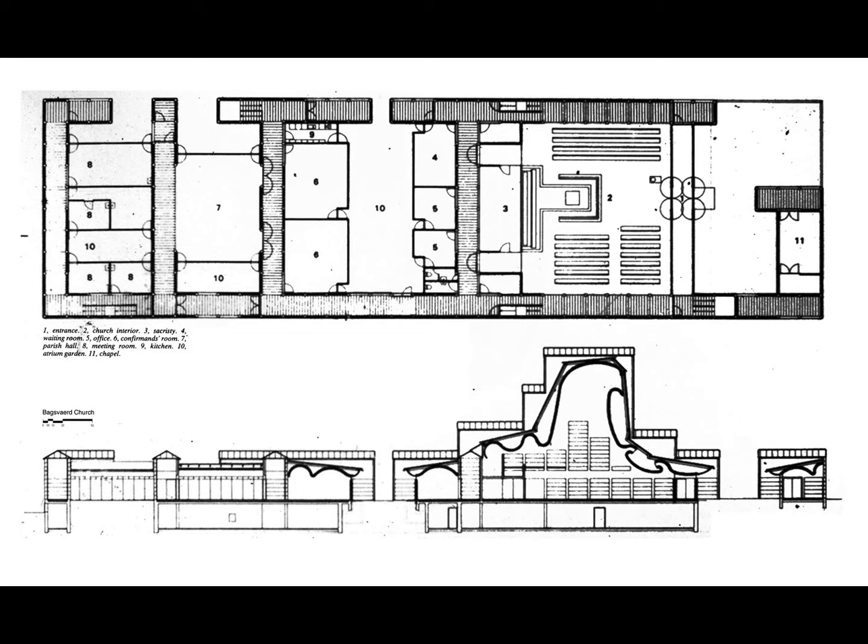In plan, it's a really boring building. It's a series of rectangles and not too much excitement there in the plan. But then look at the section below where there's really something else going on that you would never expect from looking at the exterior or looking at the plan.